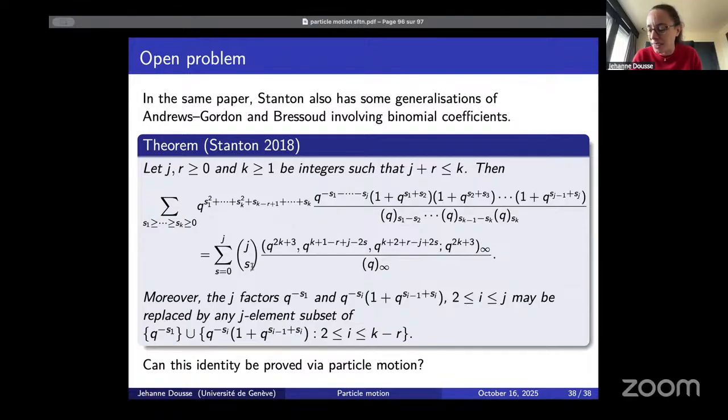You have sometimes q-binomials, but this one. So I think he wanted to emphasize this identity more. But he has both the binomial and non-binomial version, and they both generalize Andrews Gordon and Bressou. Right, it's very nice.